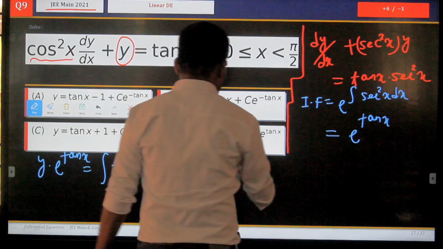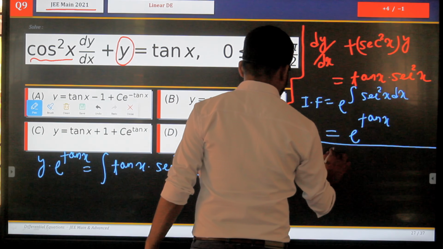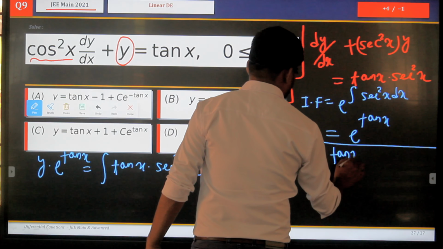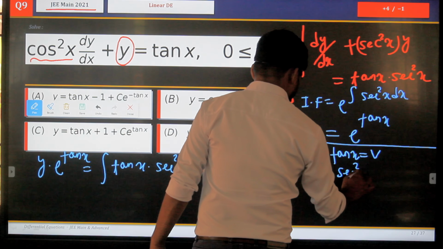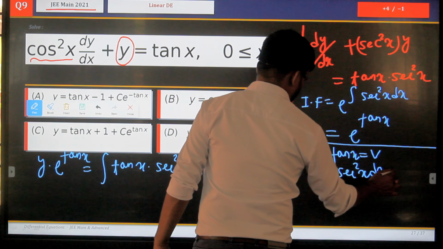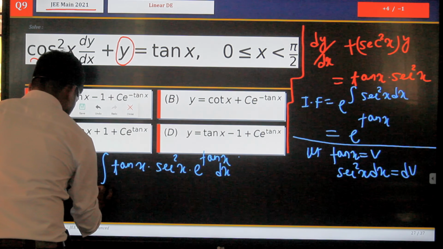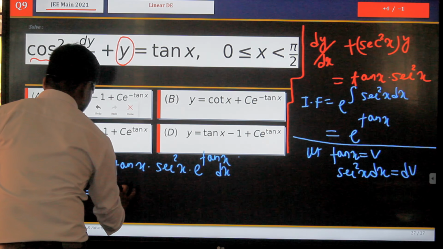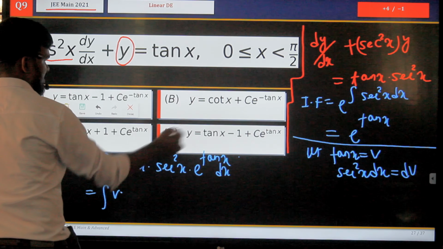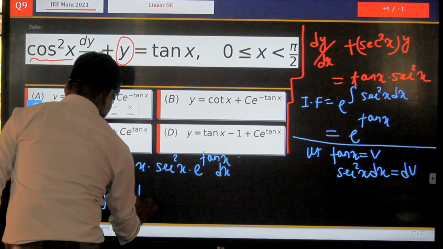So in order to find this integration, we assume let tan x equal v. So the derivative of tan x is sec²x dx equals dv. So this becomes the integration of v, and sec²x dx becomes dv, e to the power tan x becomes e to the power v dv.